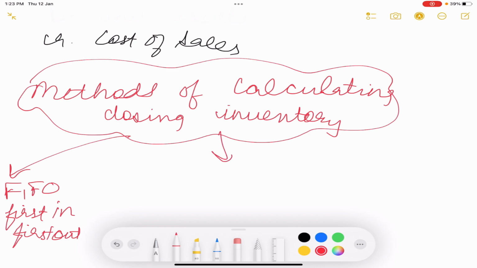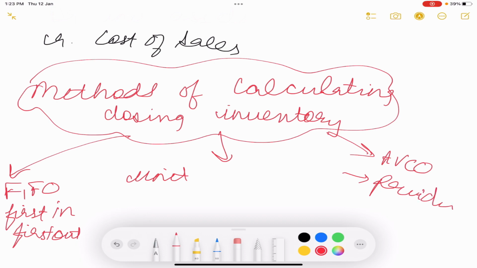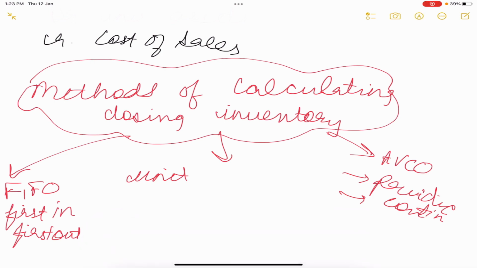After that, we saw what periodic was. No, after that, we also saw the unit method, right? And then we saw the AVCO, which had periodic as well as continuous, right? So you remember the methods. I hope you're making a note of this, then we can move ahead.